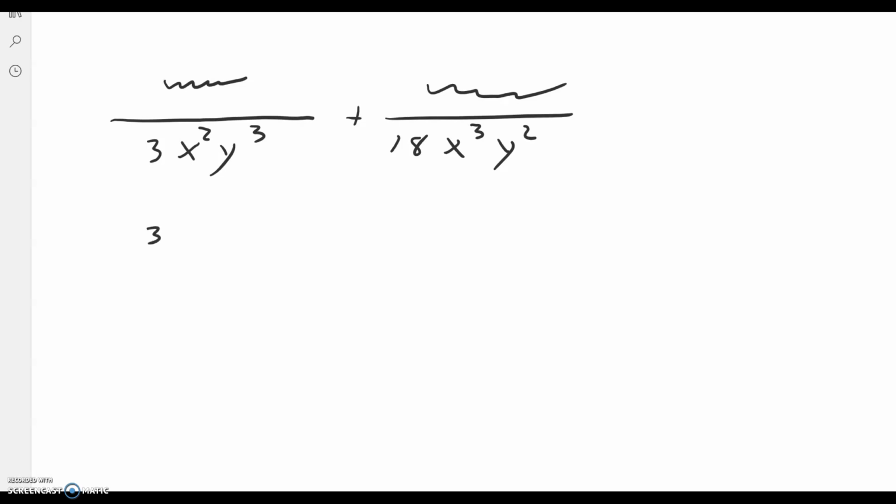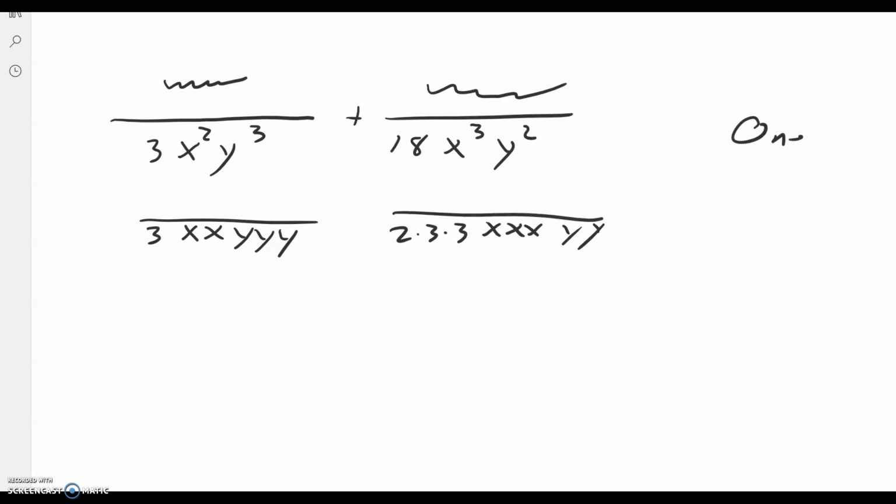It's not the easiest way, but it is a useful way, and that is to factor completely all denominators. So we have, in this case, 3 times x times x times y times y times y. 18 is 2 times 9, which is 2 times 3 times 3 times x times x times x times y times y.